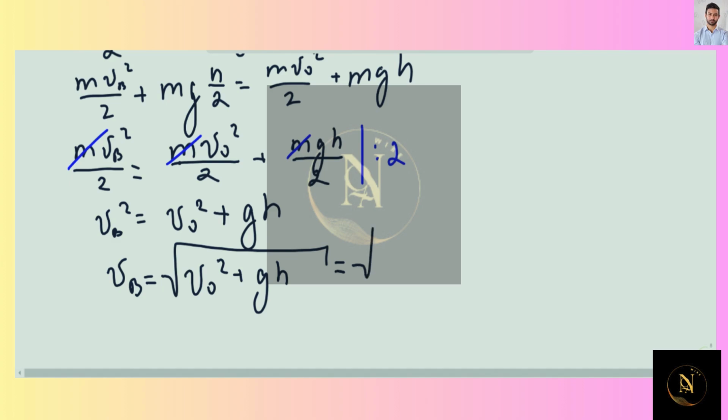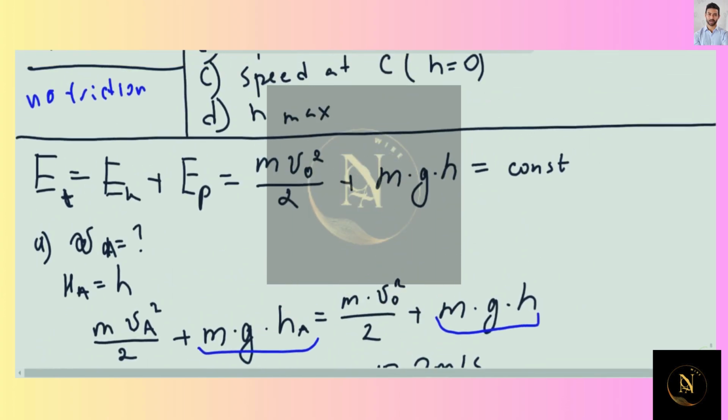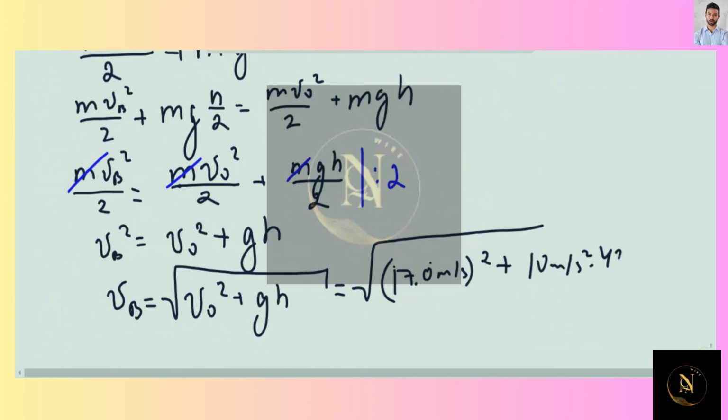Let's calculate it. It equals the square root of 17.0 meters per second squared plus 10 meters per second squared multiplied by 42.0 meters. So I need to use a calculator to complete the calculation.